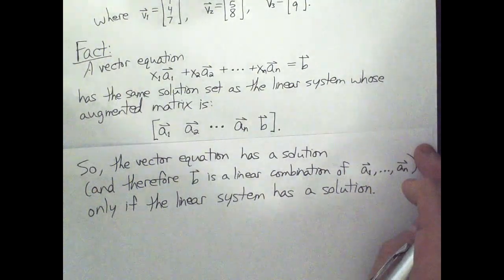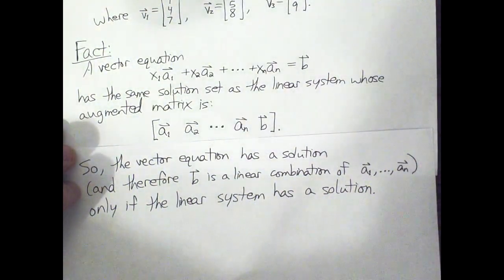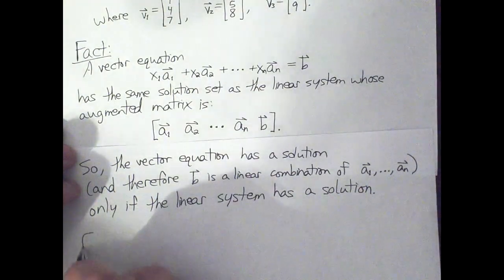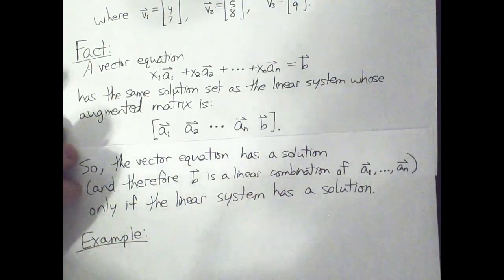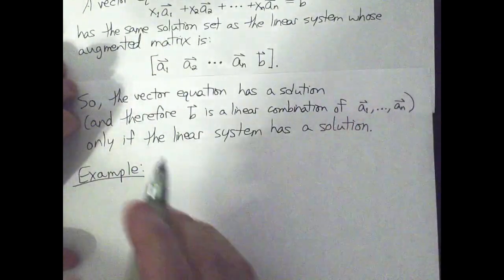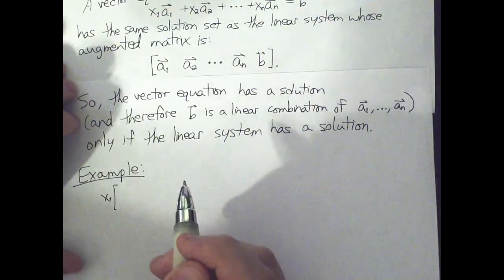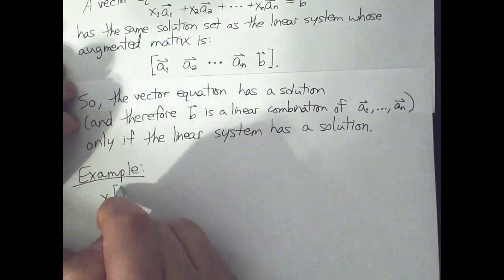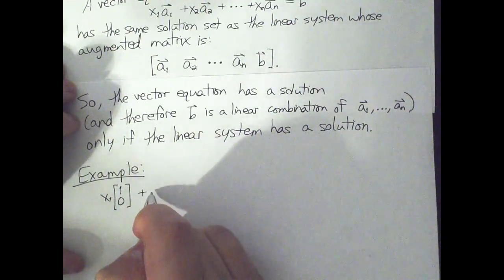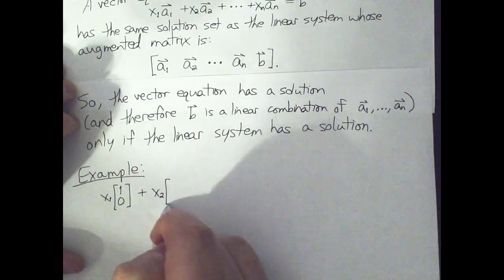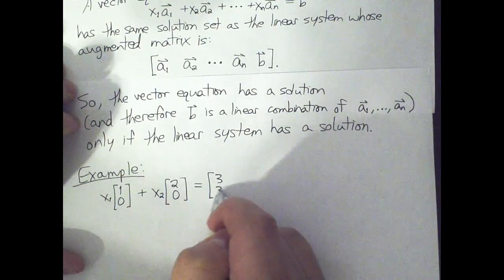Not every vector is a linear combination of any combination. So here, let me show you an example. Some things are linear combinations of other things, some things are not. How about this? X1, and right now the x's are acting as the weights. It's okay that they're called x. X1 times that vector plus x2 times this vector equals this vector.